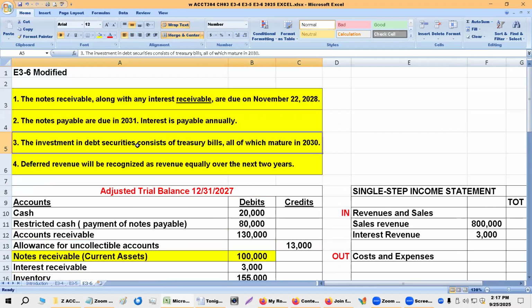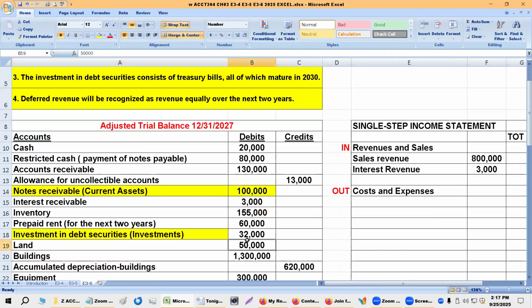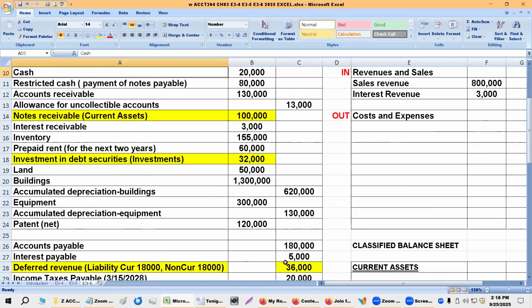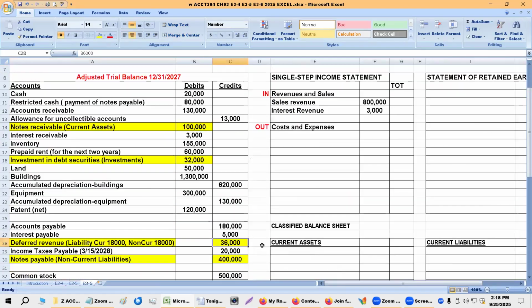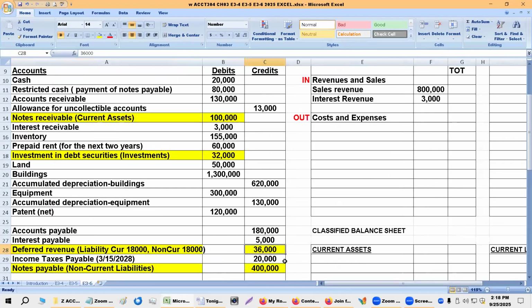Investment in debt securities and T-bills are due 2030. And then the deferred revenue. And I sincerely apologize. E2. So this is taking care of those four odd things that are out there. Thank you for alerting me.